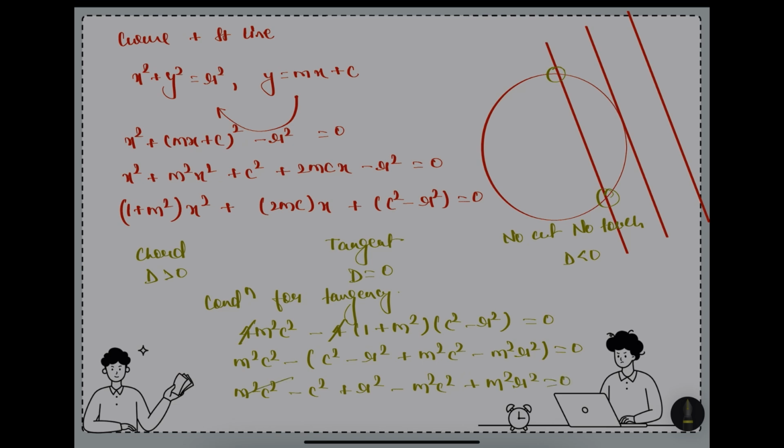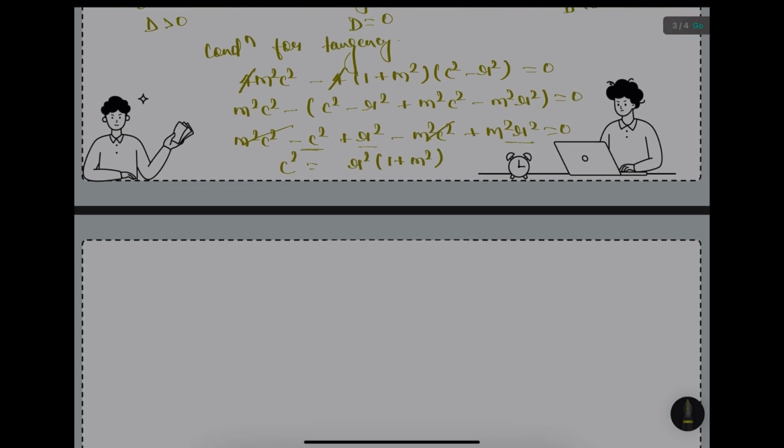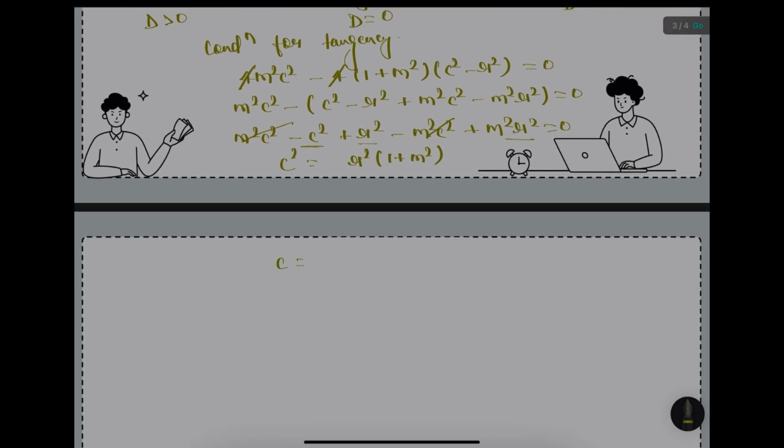Now this thing and this thing will be neutralized. I am interested in finding c, so can I send this thing to that side? So c square will be equal to r square common, 1 plus m square. So can I write c will be equal to plus or minus r times root over 1 plus m square?